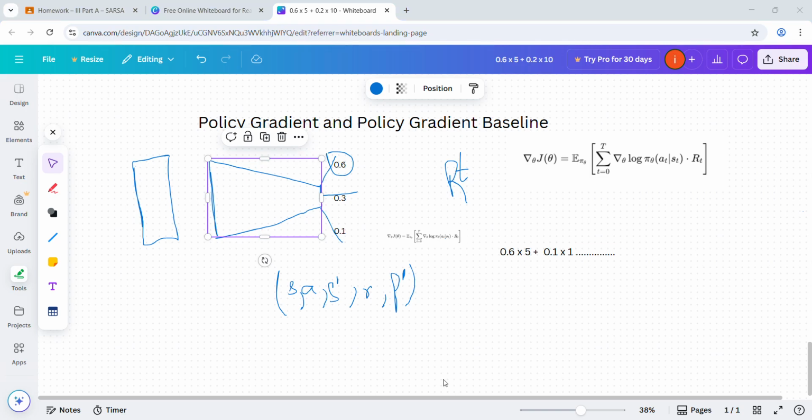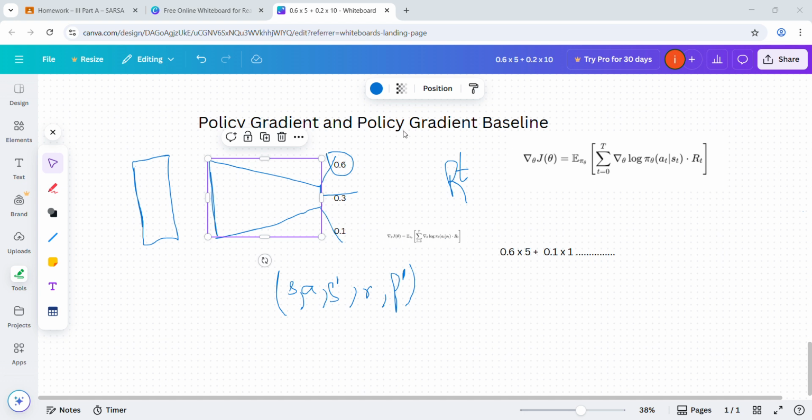So for your intuition, if the reward is high, that means the action was good, so our network will increase its probability. This is how the weights will be updated: the new weights are the old weights plus the learning rate times the loss term and its derivative.